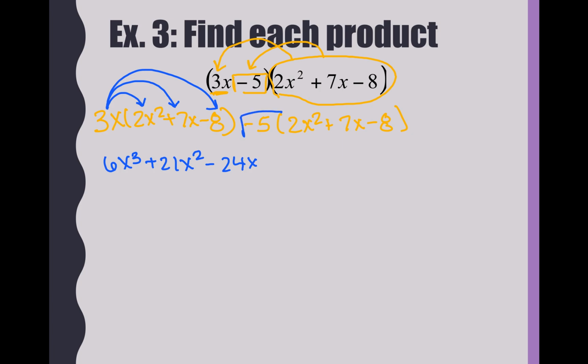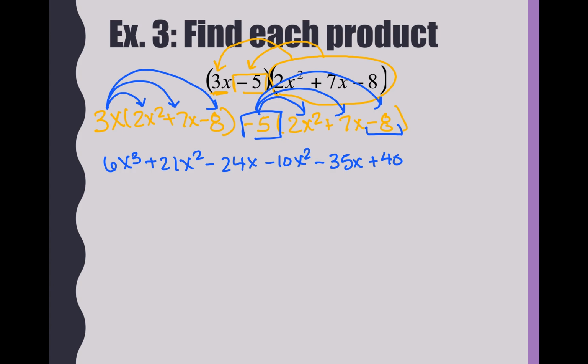Then, remember, be careful, this is a negative 5, so negative 5 times 2x squared is negative 10x squared. Negative 5 times 7x is negative 35x. And negative 5 times negative 8 is positive 40. Negative times negative is a positive.